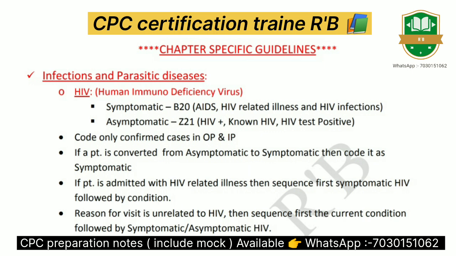And if they specify symptomatic, then you can go to B20. That is AIDS and HIV related illness and HIV related infection code. Okay, then next you can read one by one sentence.